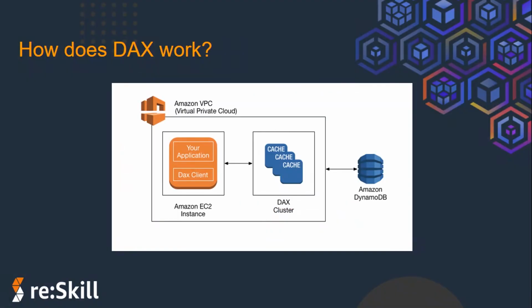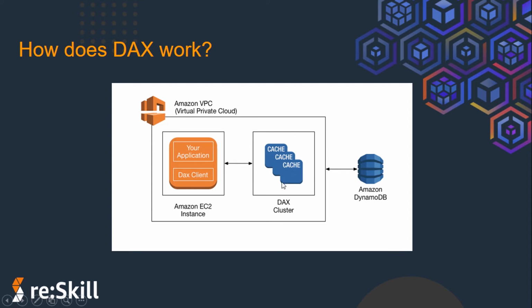DAX is designed to run within an Amazon VPC environment, and you can just launch a DAX cluster in your virtual network and control access to the cluster by using the security groups of the VPC. Once it is all set up and configured, the data will start getting written to DynamoDB and the cache will also be in action, and the reads will happen from the cache so as to get faster response times.